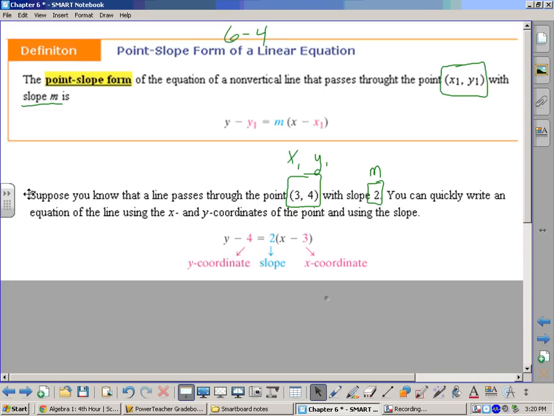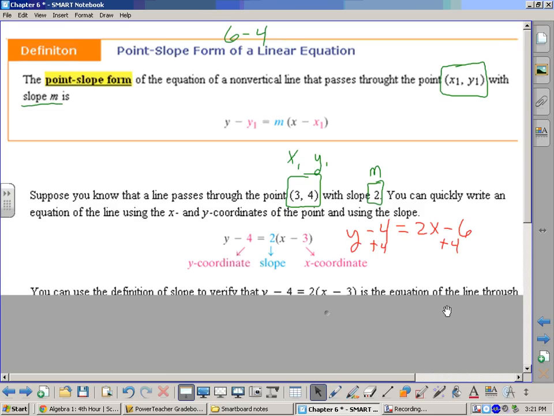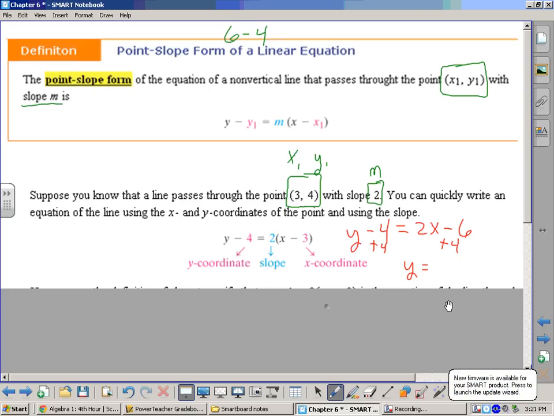Now by doing some simple algebraic steps, we can distribute that 2 to get y minus 4 equals 2x minus 6, and then add 4 to both sides, and we can turn our equation into a form that is identical to the other forms we did.